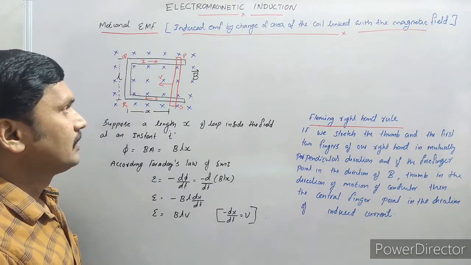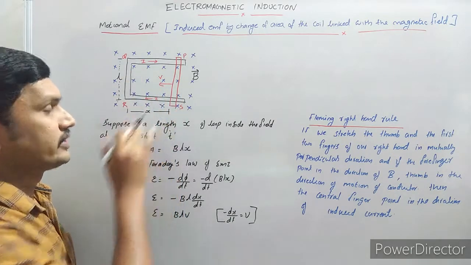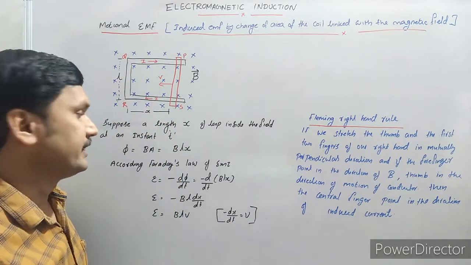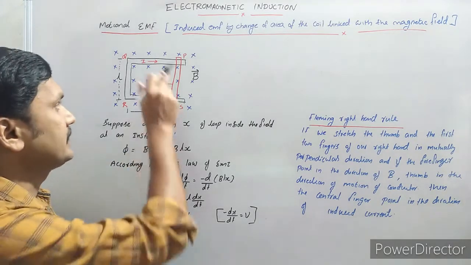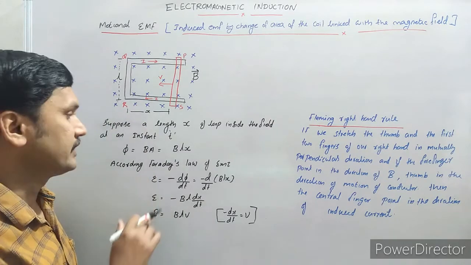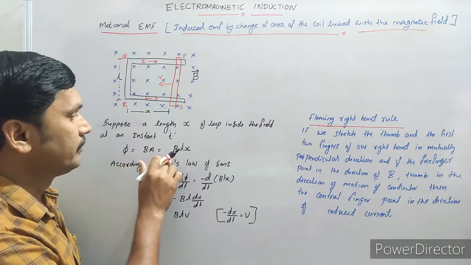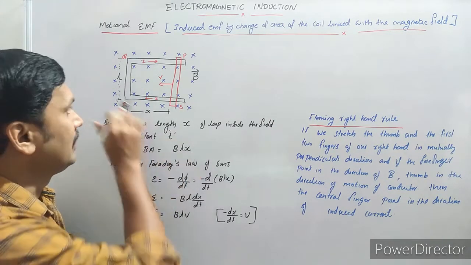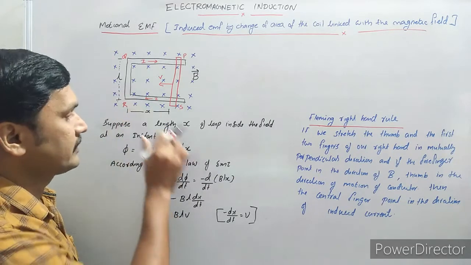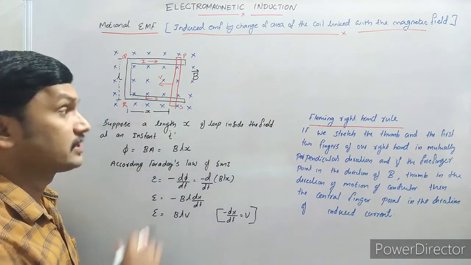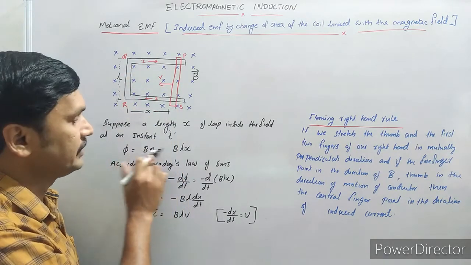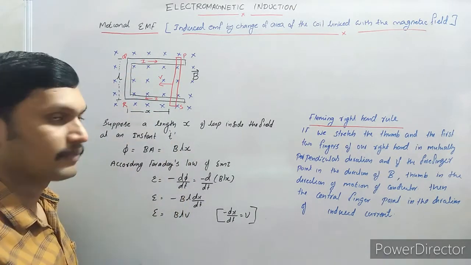The magnetic flux associated with that loop at that instant is phi equal to B into A, where A is the area of this loop at that instant. So B into L into x. Length into breadth, that is the area, L into x. So the instantaneous flux is phi equal to BLx.